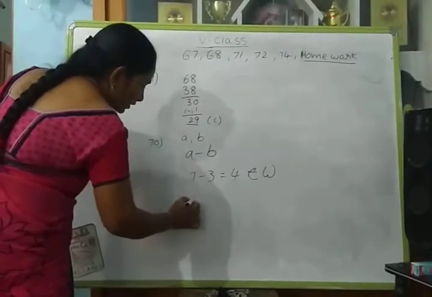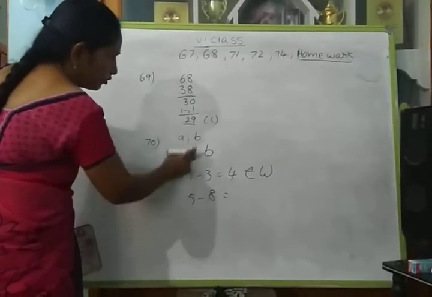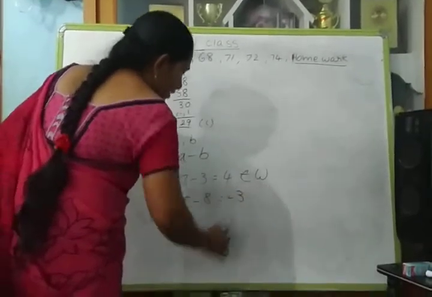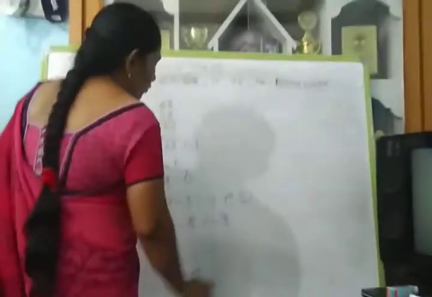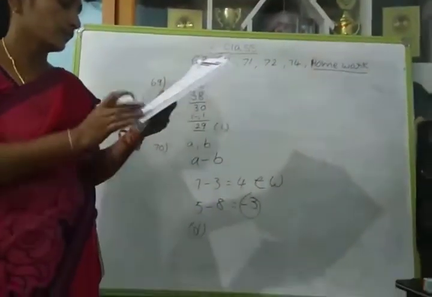But if you take A 5, B 8, what will you get? Minus 3. So in the set of whole numbers, negatives are not there, so cannot be determined. Option D. Cannot be determined. 70, option D.